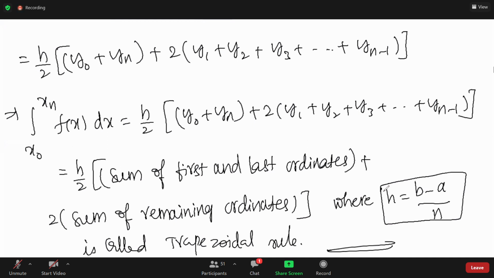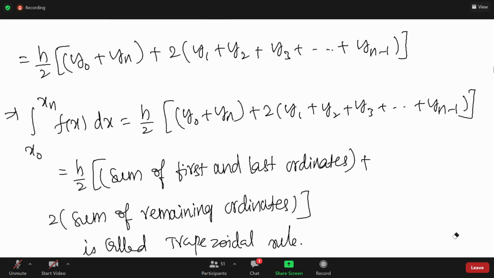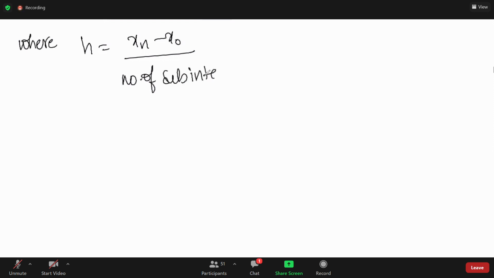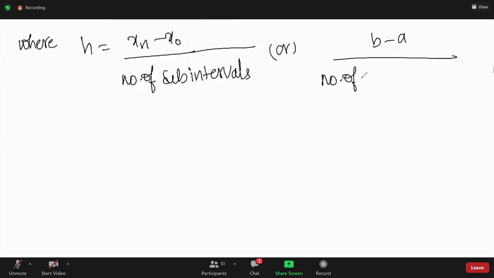We have n subintervals, where h is equal to xn minus x0 by the number of subintervals, or b minus a by the number of subintervals.